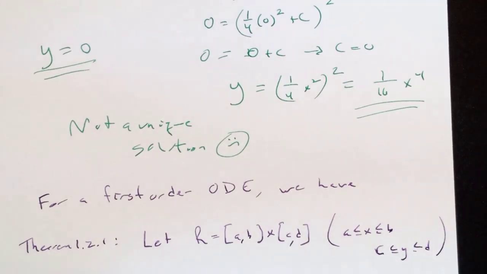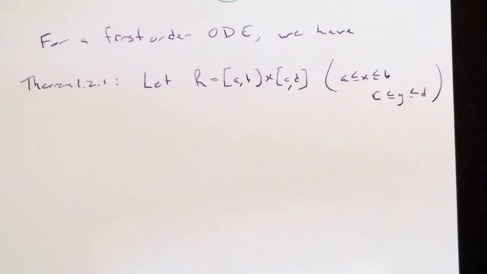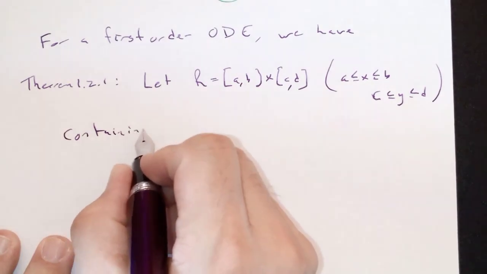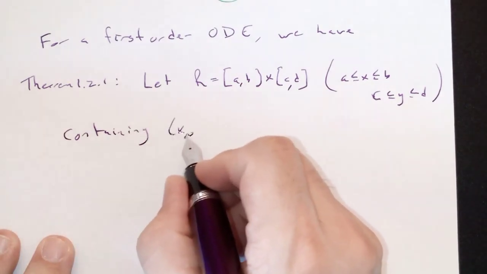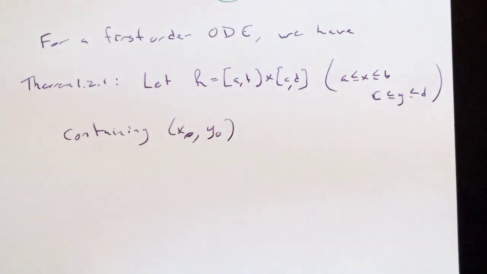Let's think about a rectangle. From A to B in the X direction, from C to D in the Y direction. And our point X0, Y0 is inside this rectangle somewhere. I don't know where, doesn't matter, it's just inside the rectangle.